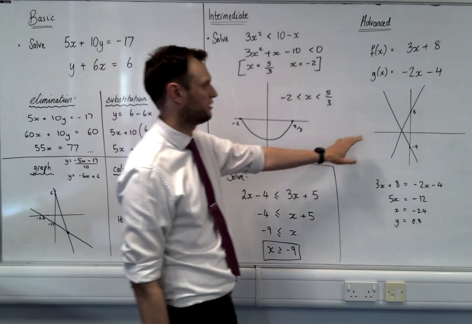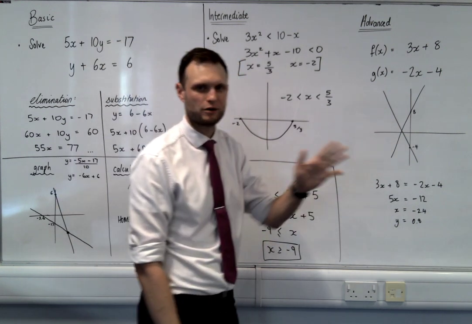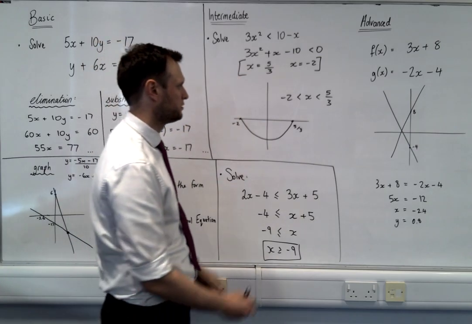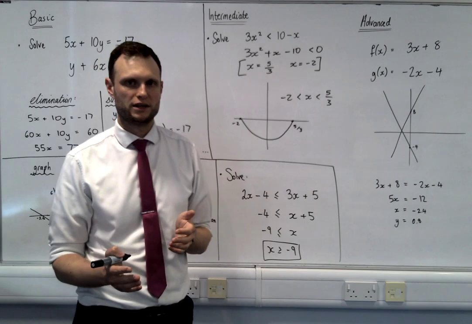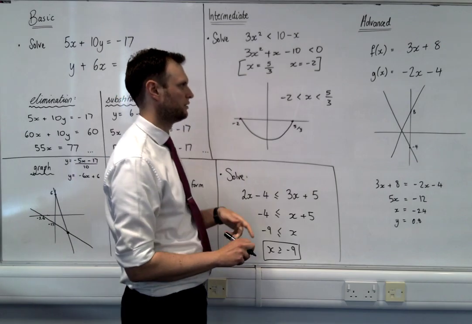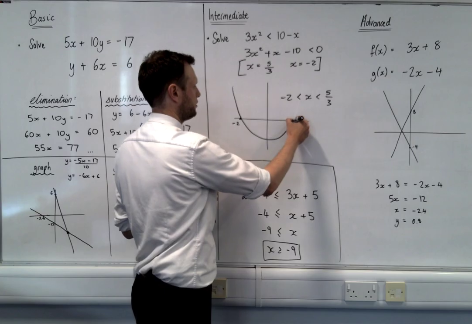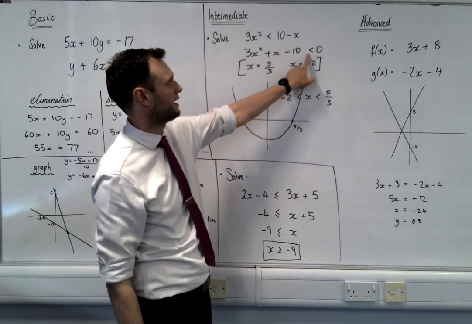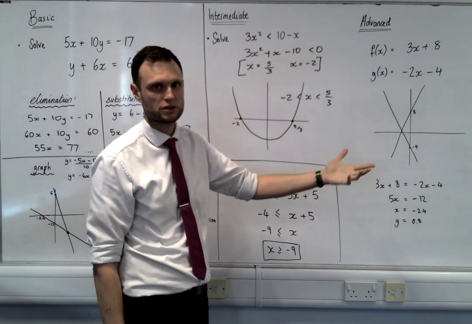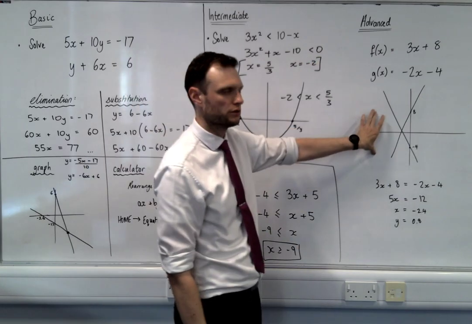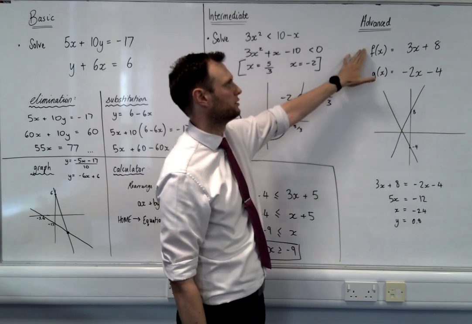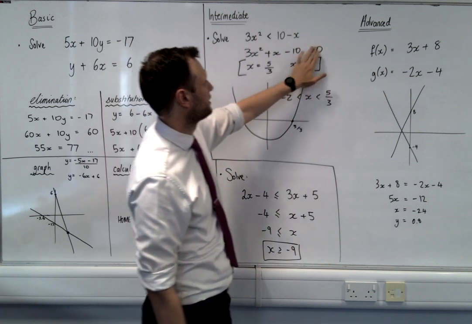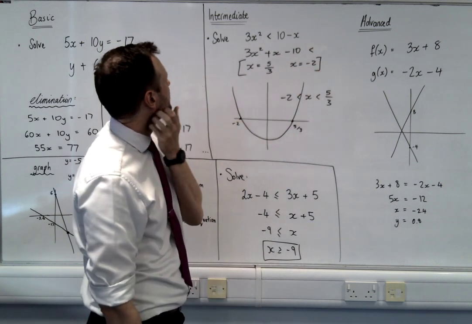Moving on to the advanced stuff, I missed out regions. Regions I would say was in intermediate. When I say regions, I mean if you've got more than one inequality on a graph.